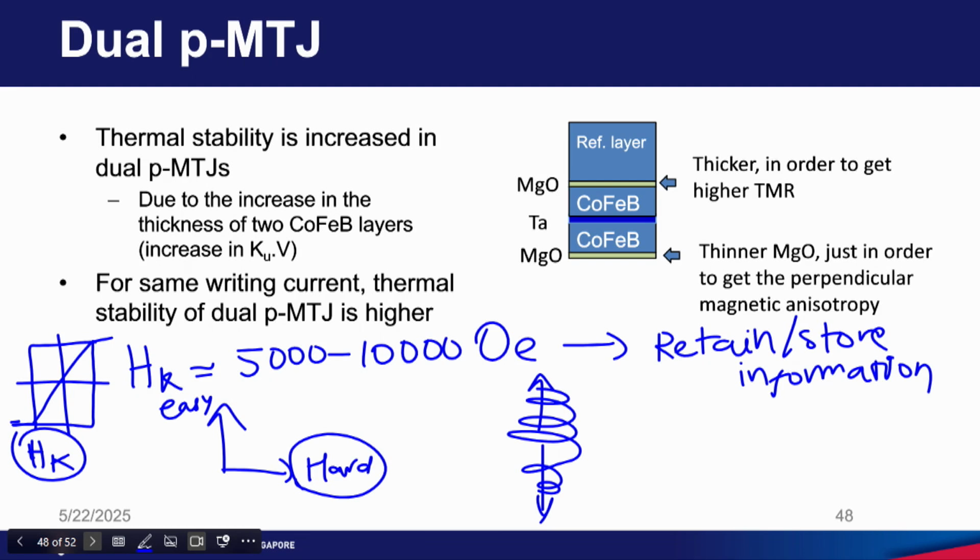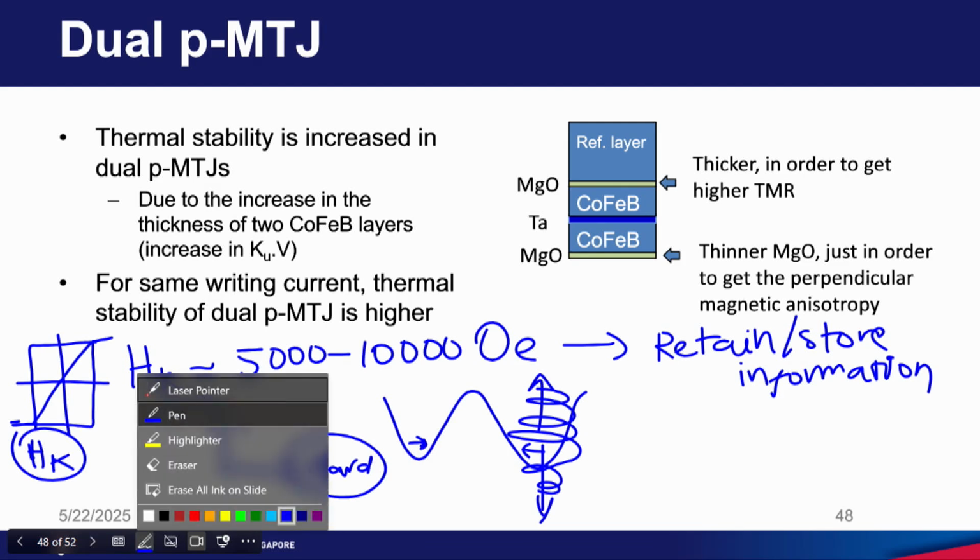In this scenario, how will the energy barrier be for in-plane and out-of-plane? Which one will have a higher energy barrier? So when you are talking about this, what does the energy barrier mean? Let me redraw this.